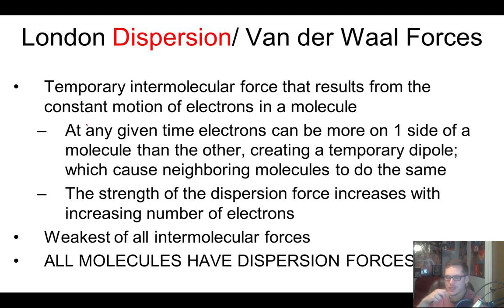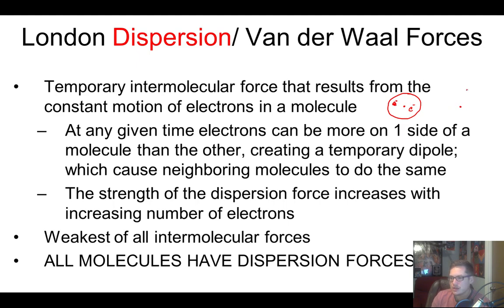So the idea is that you've got your nucleus right here, and you've got your electrons around it. Remember, this electron cloud is like a probability zone. It's an area where you're likely to find an electron. These electrons are moving around like crazy. So most of the time your electrons are going to be one on each side, an electron over here and an electron over here.